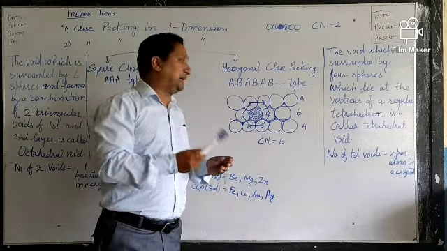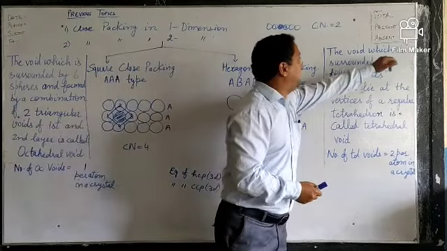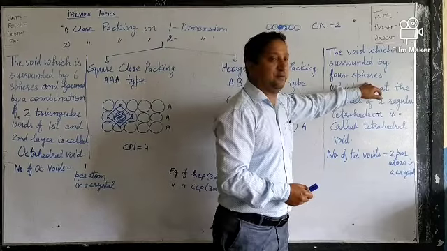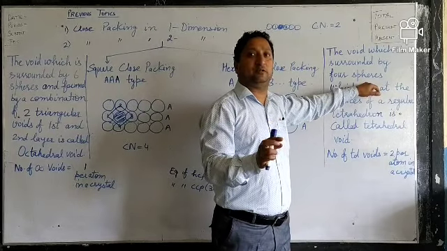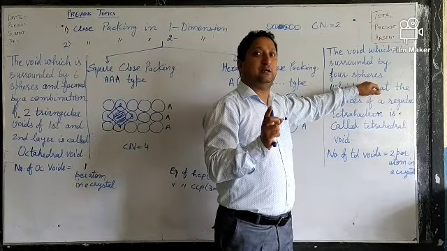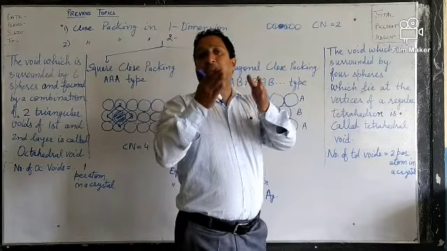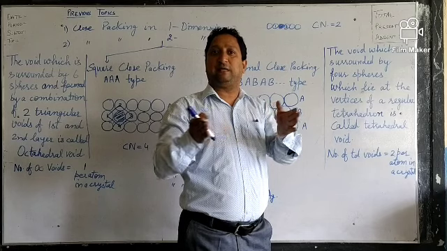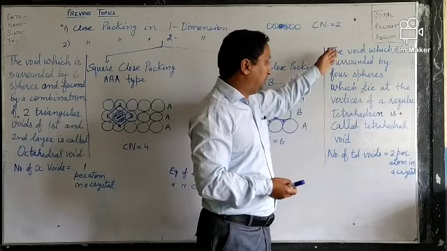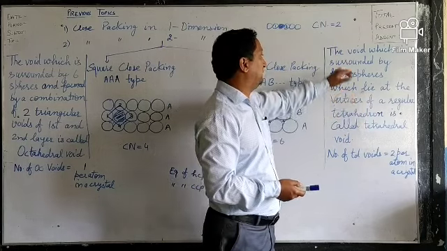Now what was a tetrahedral void? The void which is surrounded by 4 spheres. Very important, because they can come in the exams also. The question is asked: what is the difference between the tetrahedral void and the octahedral void? So we have to learn their definitions.